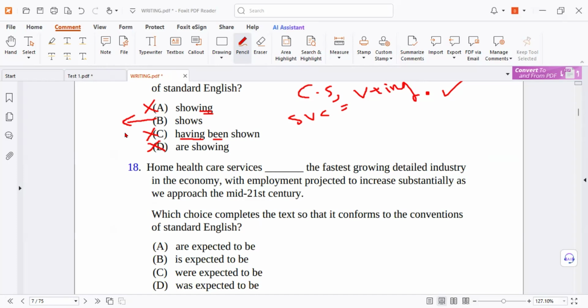Okay, number 18. Is it letter B? Why letter B?